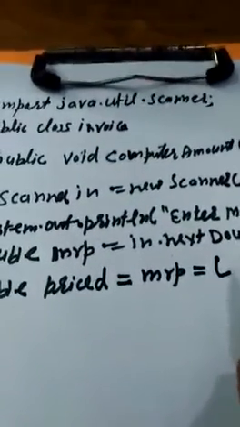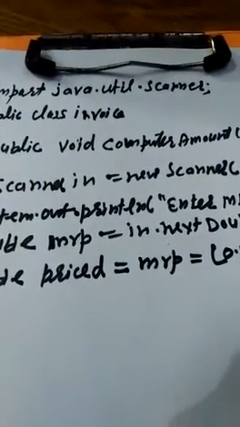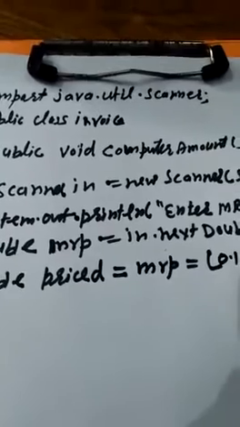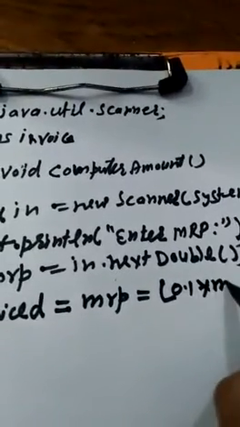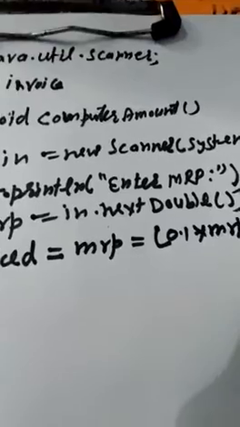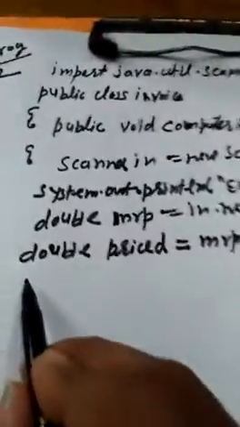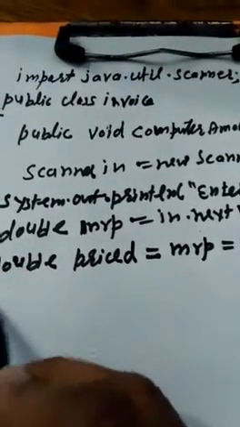So 10% means 10 upon 100, which means 0.1. Okay, 0.1 multiplied by MRP. Now close the bracket and semicolon.